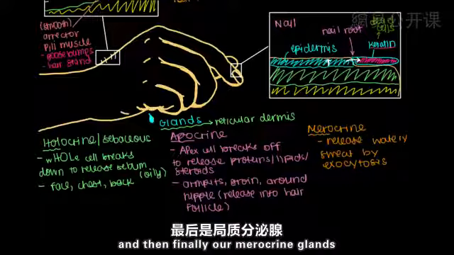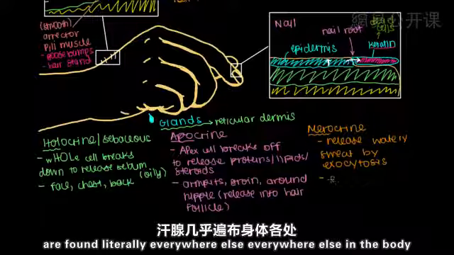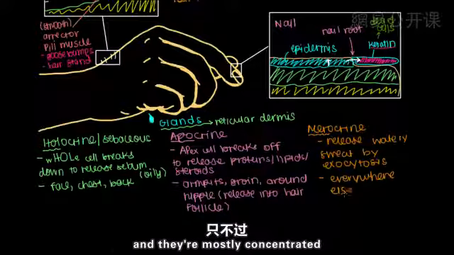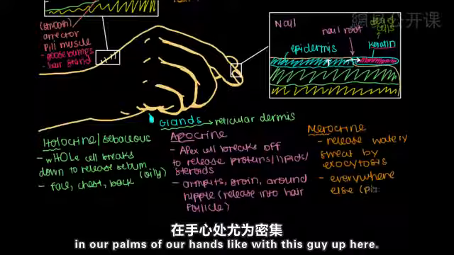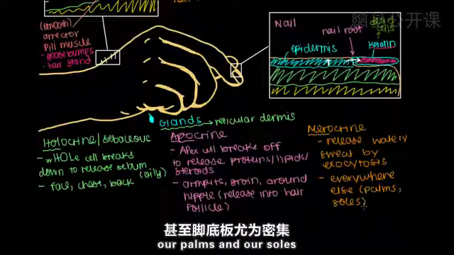And then finally, our merocrine glands, which are our bread and butter sweat glands, are found literally everywhere else in the body, and they're mostly concentrated in the palms of our hands, like with this guy up here, and even the soles of our feet. Our palms and our soles.